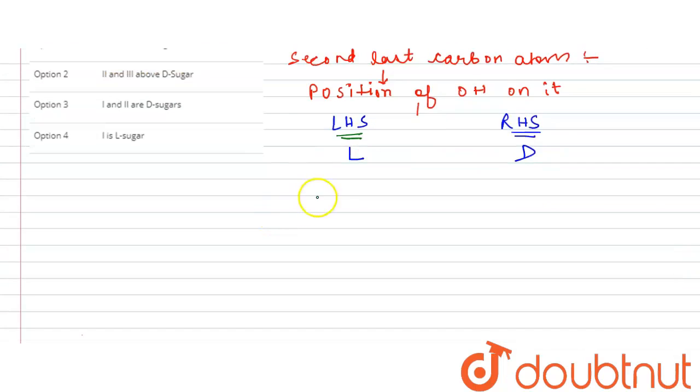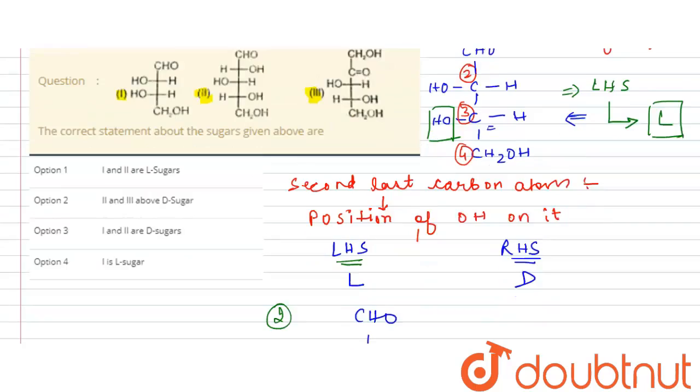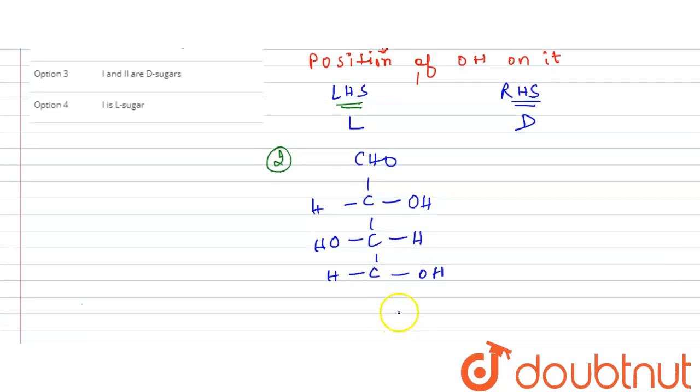Now let's see the second compound. For the second compound, CHO is at the top, here it is C, with OH, H and OH arranged like this: here it is OH, here H, here OH, here H, here OH, and here H. And then you have CH2OH.